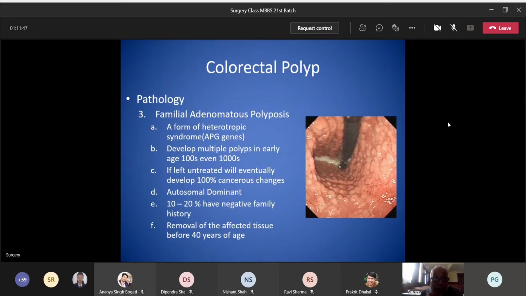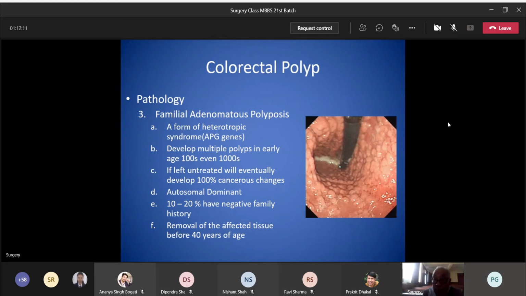And in pathology, this is very important: familial adenomatous polyposis, a form of hereditary syndrome, in APC gene, a genetic factor, develops multiple polyps at an early age, hundreds or even thousands. You can see this here. These are all small polyps.